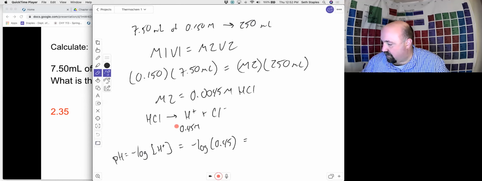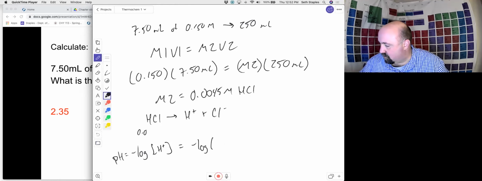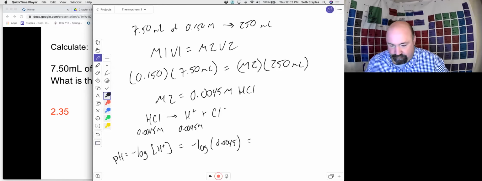Hopefully some of you caught that. These are both 0.0045. That would have really thrown off an answer. Negative log of 0.0045, rounded to 3 significant figures, is in fact 2.35.